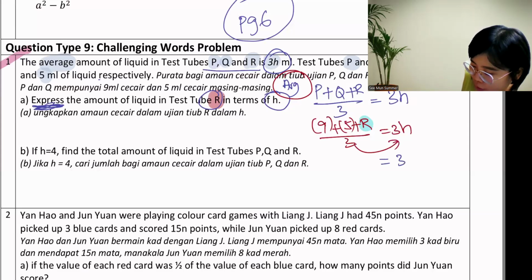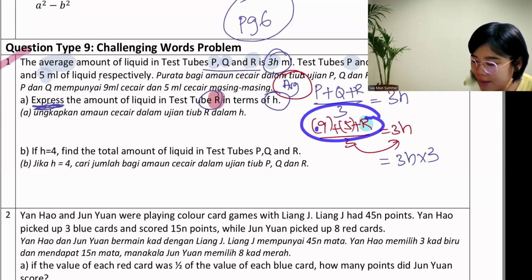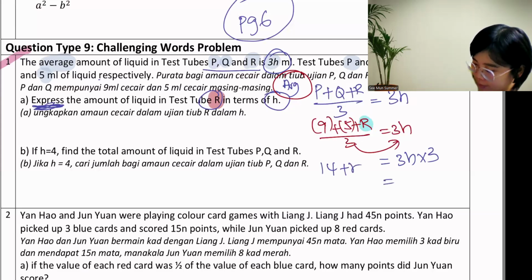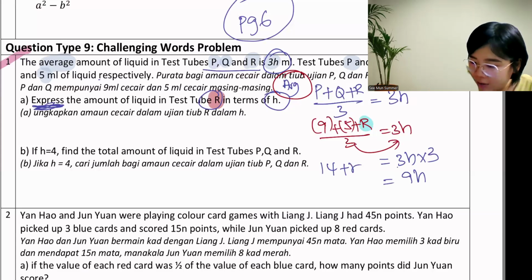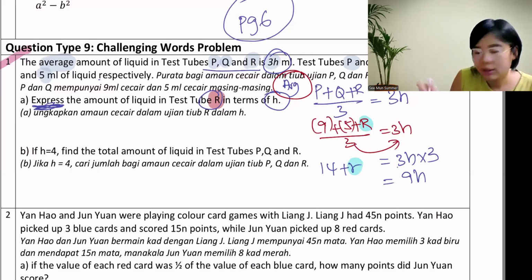So you will have 3H, and the divide becomes times 3. And on top, we can also do something: we have 9 plus 5. What is 9 plus 5? It is 14, correct? Plus R. And then 3H times 3 is 9H, correct? And now, same thing. Who is my main character? Is my R. So the last thing I need to throw is 14, correct?